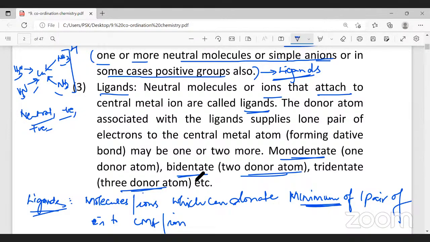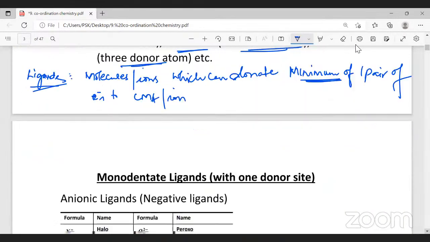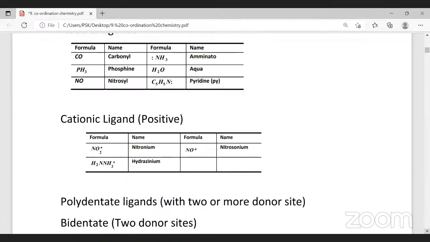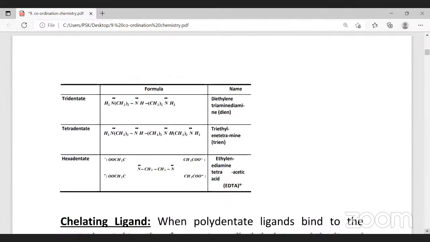Now, what's the definition of a ligand? A ligand, an atom or ion which donates a minimum of one pair of electrons to the central metal atom. Depending on the number of pairs of electrons donated, ligands are classified as monodentate, bidentate, tridentate or polydentate ligands.